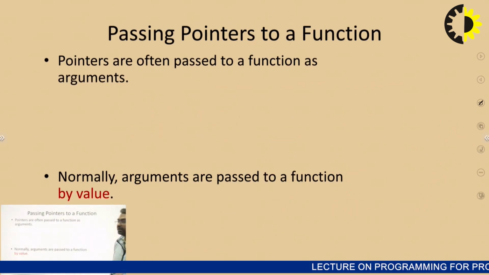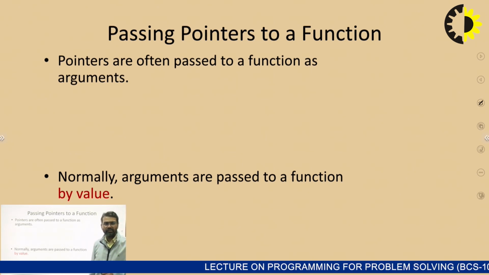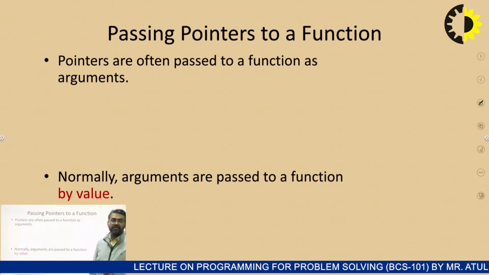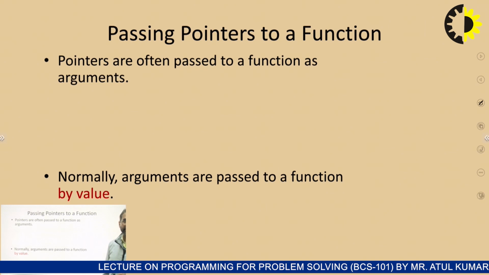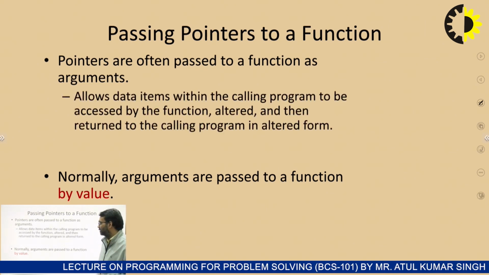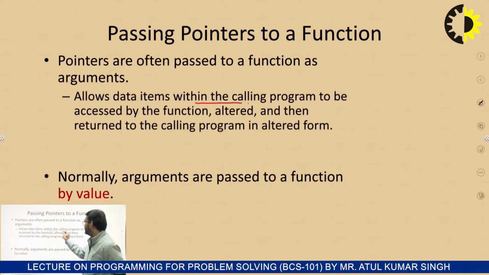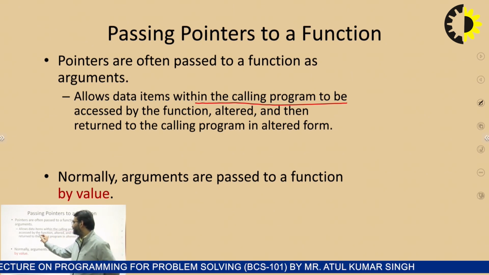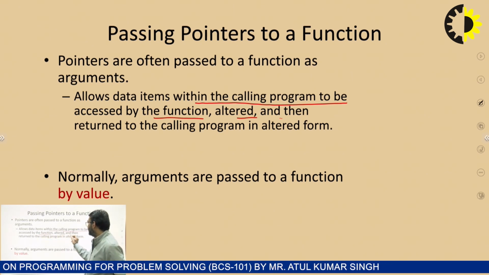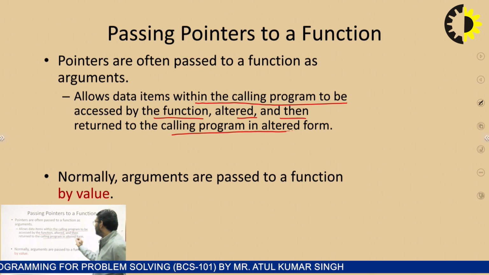Now, passing pointers to functions. Pointers are often passed to a function as an argument. As we know, there are two types of arguments, formal argument and actual argument. So we can pass a pointer to a function as an actual argument. It allows a data item within the calling program to be accessed by the function, altered, and then returned to the calling program in altered form.